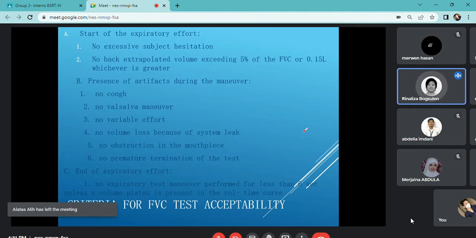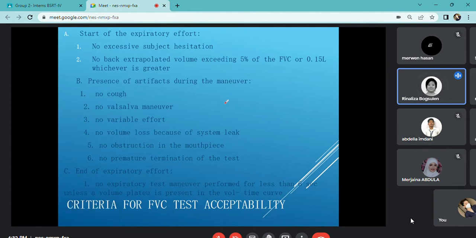So, there are also acceptability criteria. Okay? May criteria there for you to accept the test. What are these acceptability criteria that you need to fulfill? So in your lung volume capacities, you have acceptability criteria. In your FVC, you still have your acceptability criteria.